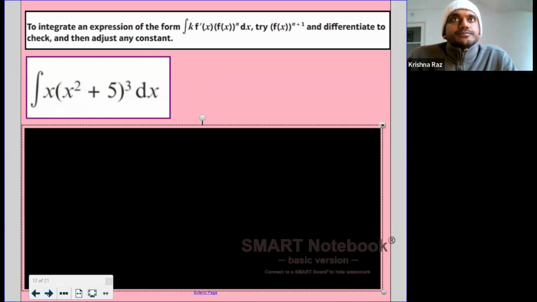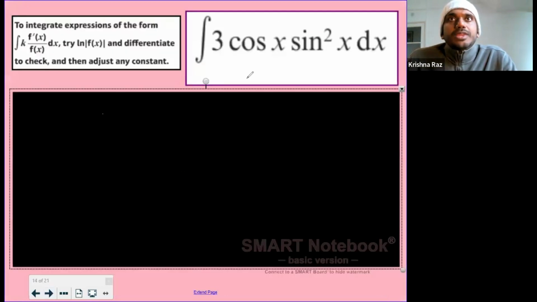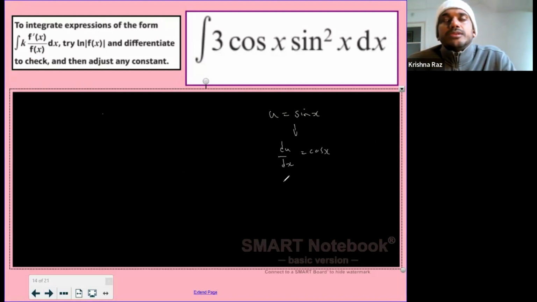So if we substituted u equals sine x, it would differentiate to cos x. So there would be a cancellation of the cos, and this would integrate as normal.